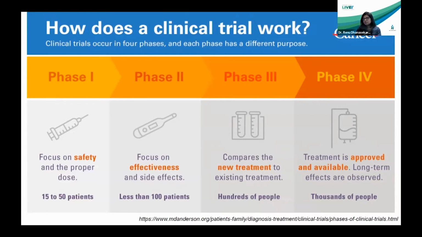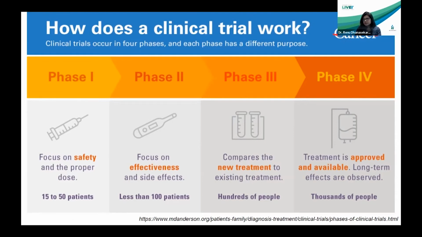You want to make sure this intervention or drug is safe. So a small number of patients, usually in phase 1, around 15 to 50 patients, are administered the drug at different doses. We measure the blood tests and the different side effects, and we determine if the drug is safe to be studied in larger populations. A lot of drugs do fail at phase 1; around 70% usually are safe enough to move on to phase 2.